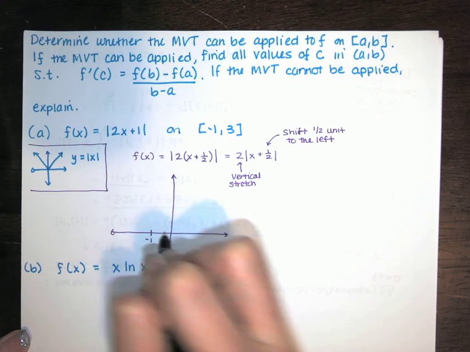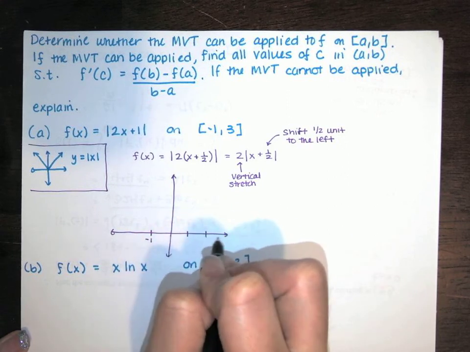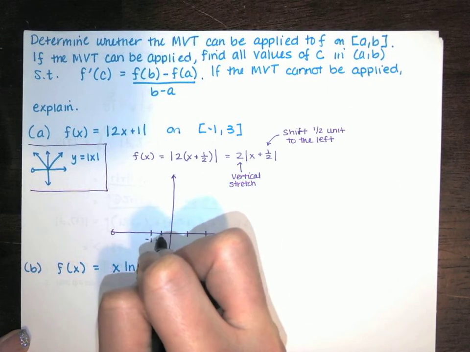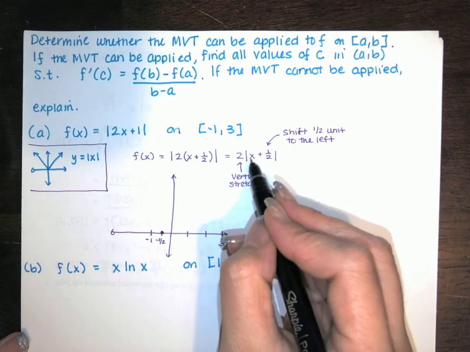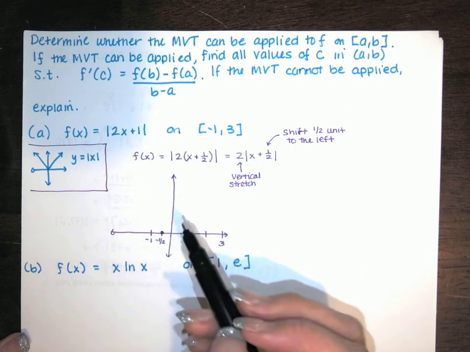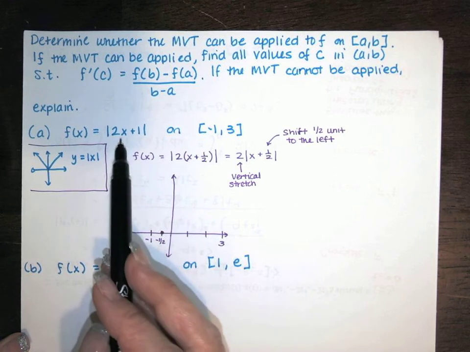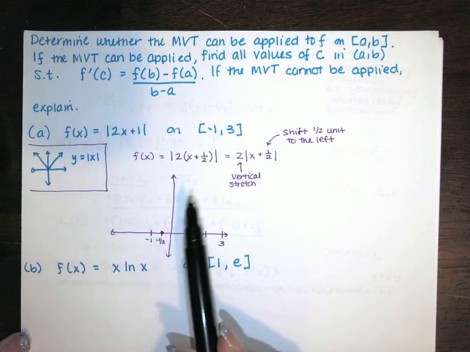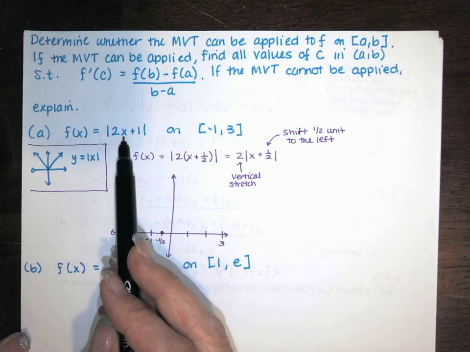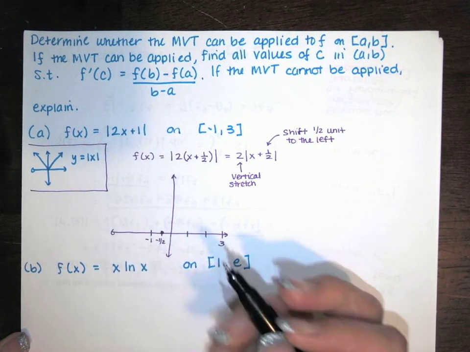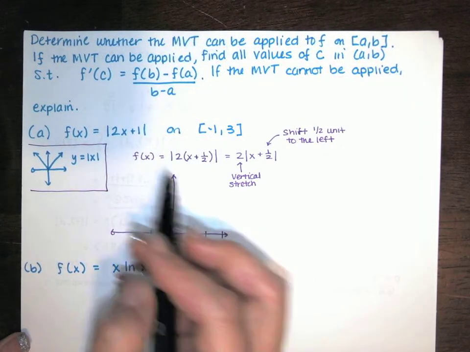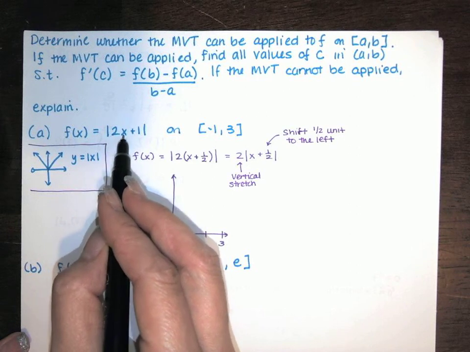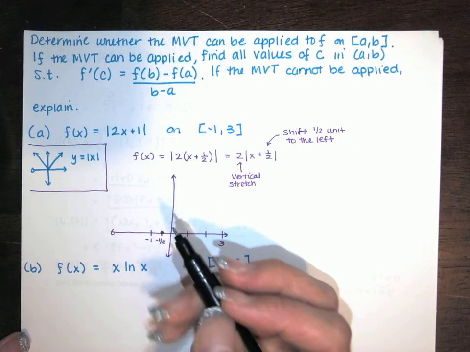Here's -1. When x equals -1/2, y is 0. And let's see, what do we get when x equals 2 here? When x equals 2, y equals 2 times 2 is 4, 4 plus 1 is 5. When x equals 3, we get 2 times 3 is 6, 6 plus 1 is 7.